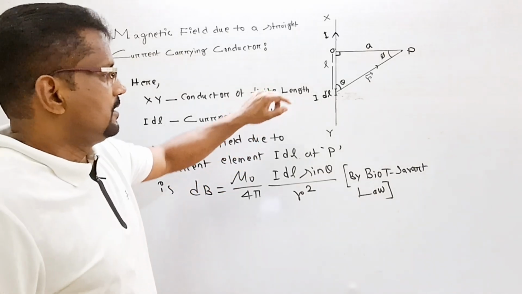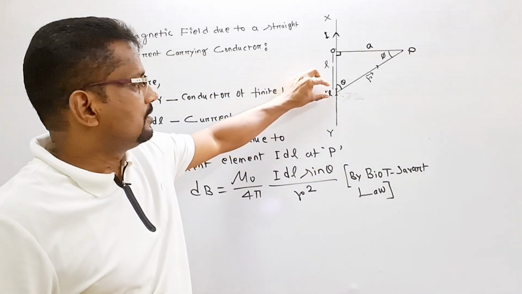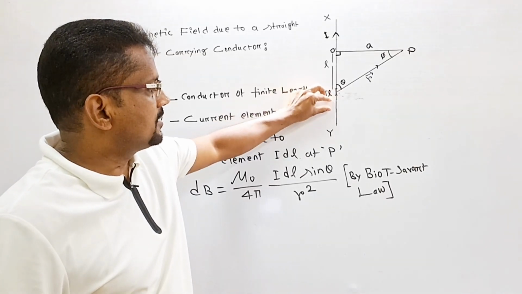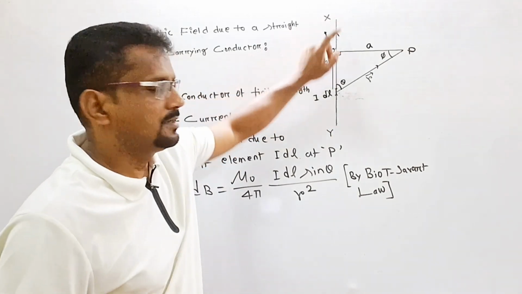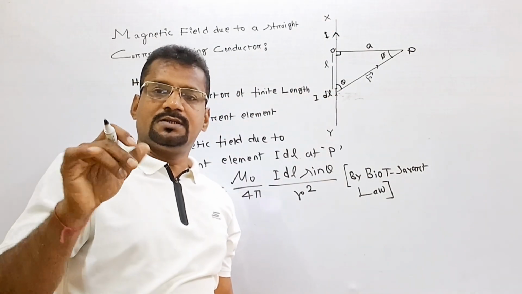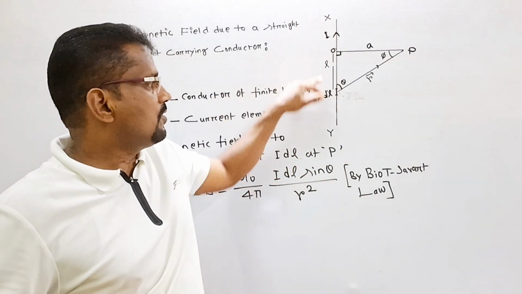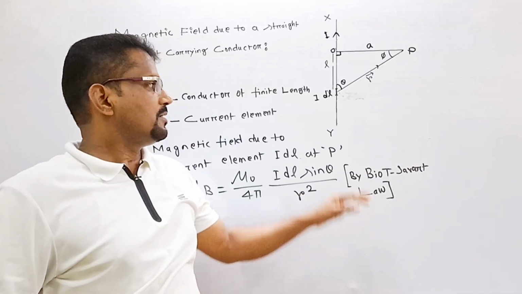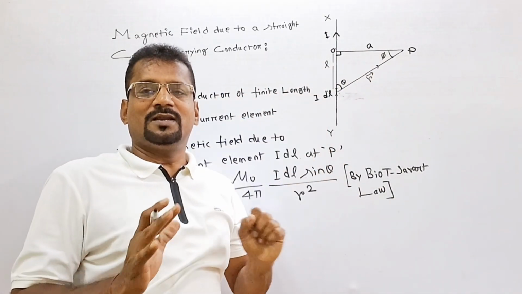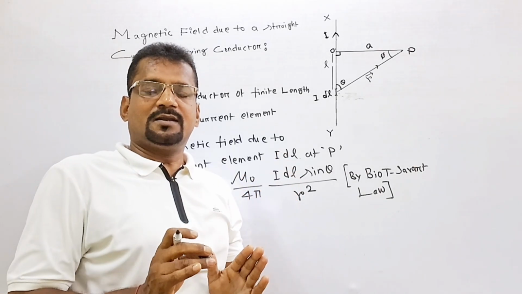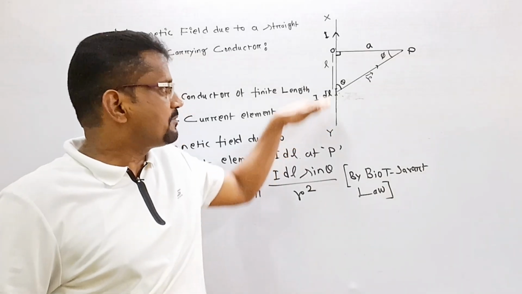After that, the conductor has a finite length. Now see, you can consider this type of current element, and you can say that the total length is nothing but the sum of all these dl. It means if you take the sum of the magnetic field, the total magnetic field is the entire magnetic field contributed by these current elements.